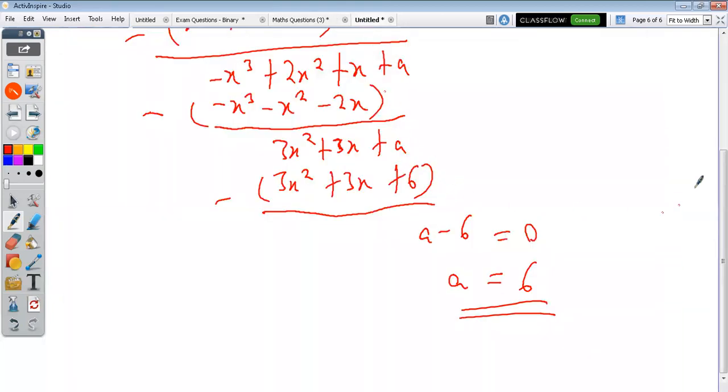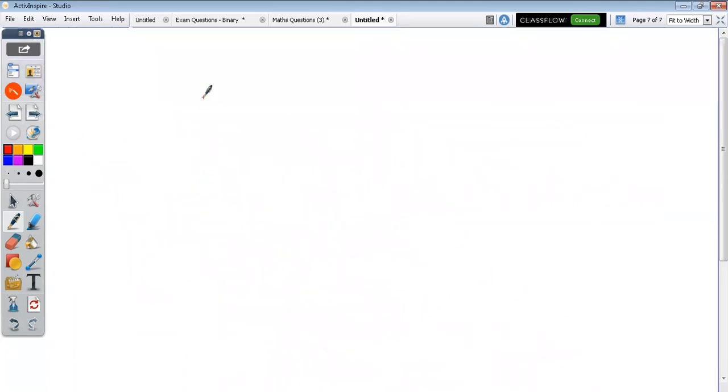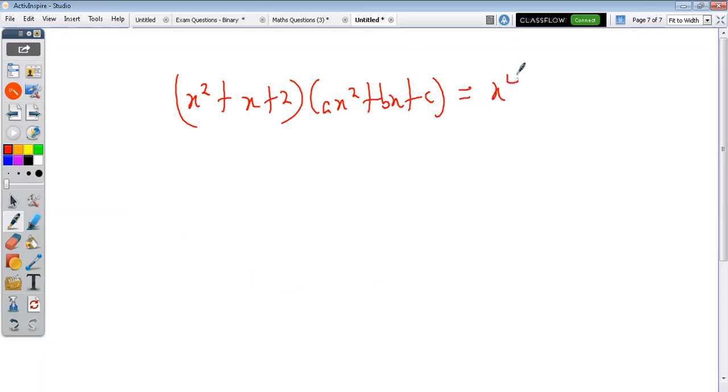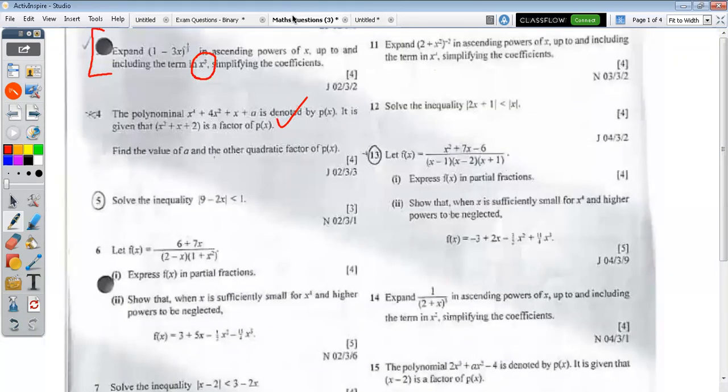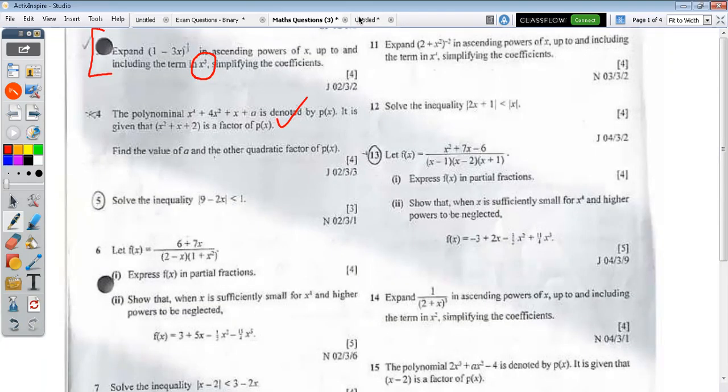What we are simply saying is that x squared plus x plus 2 multiplied by another quadratic function should give us our term, which is x to the power of 4 plus 4x squared plus x plus a.